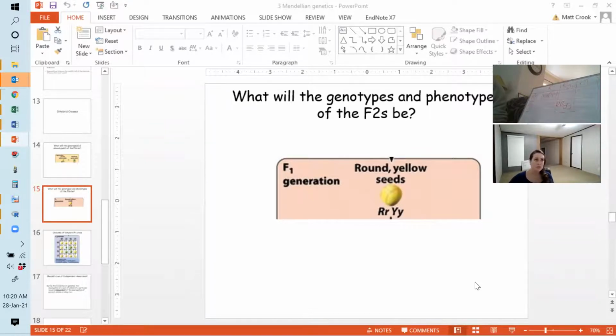But if you did a cross between a homozygous dominant for both genes and an individual that's heterozygous for both genes, what ratio of phenotype combinations would you expect in the offspring? Think about how many alleles each parent is going to contribute to the next generation. This is also often an exam question that comes up.